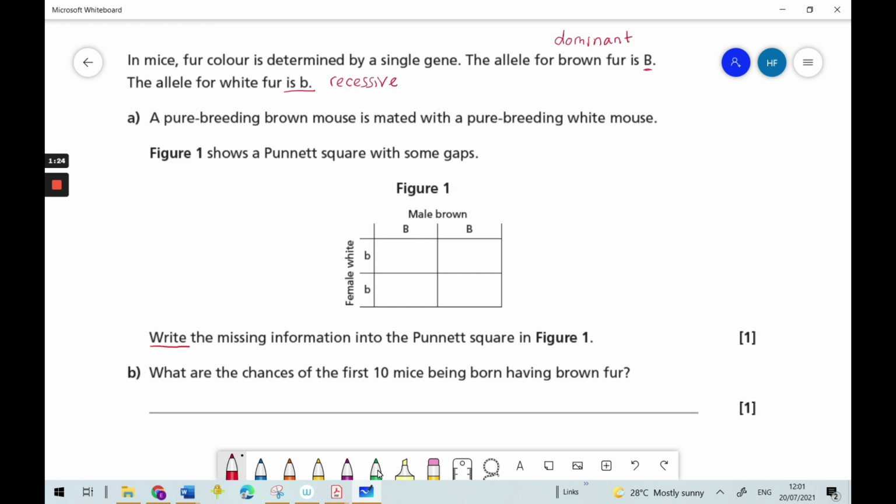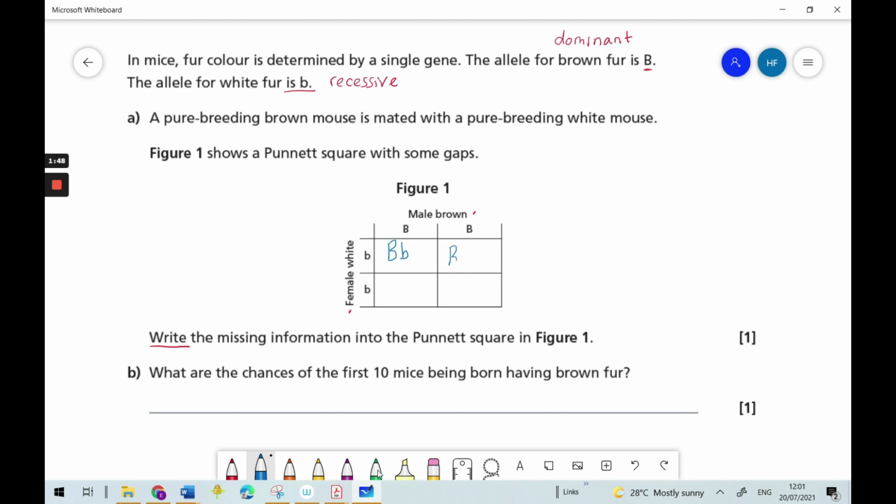Okay, so we need to complete the Punnett square. So up here we've got the male mouse and then we've got the female mouse. And remember, when we complete the Punnett square, what we need to do is put in the dominant allele first. So the possible genotype here would be a big B, little b.